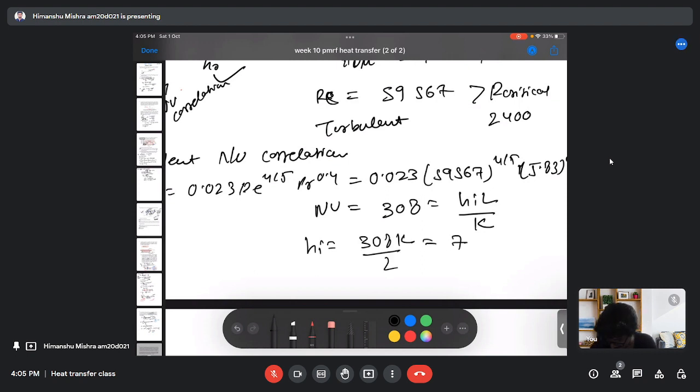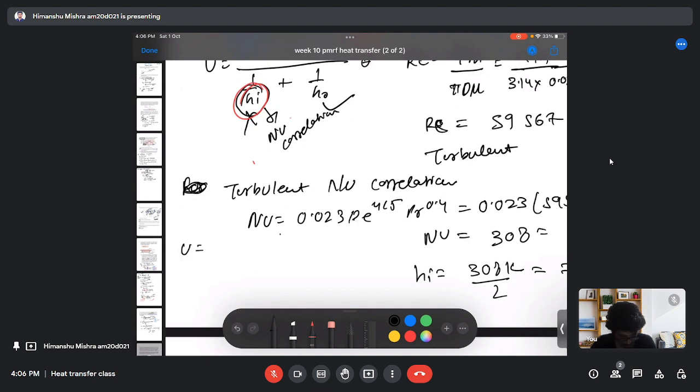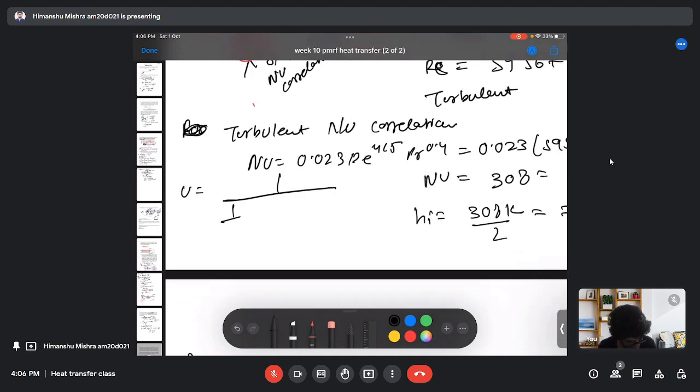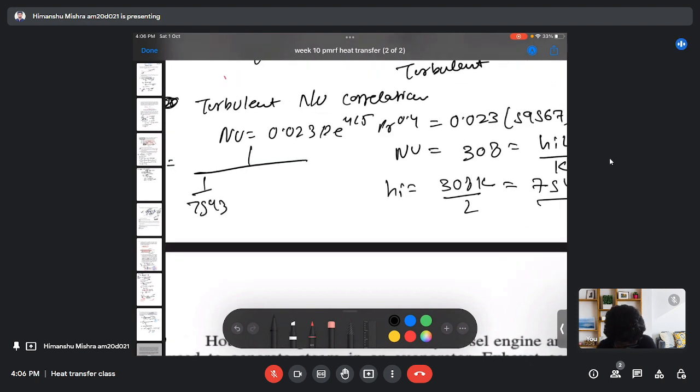So my internal heat transfer coefficient is 7543 watt per meter squared Kelvin. My overall heat transfer coefficient is 1 by 7543 plus 1 by 11,000.